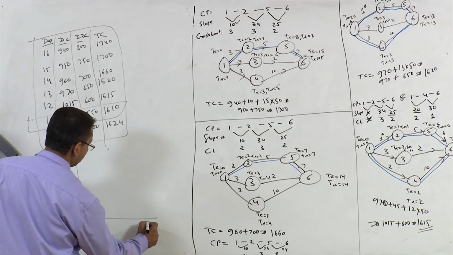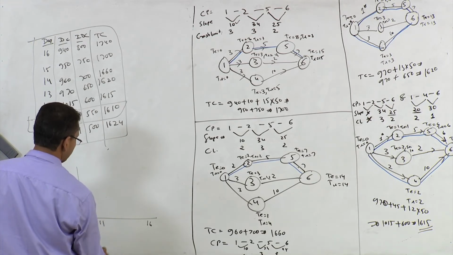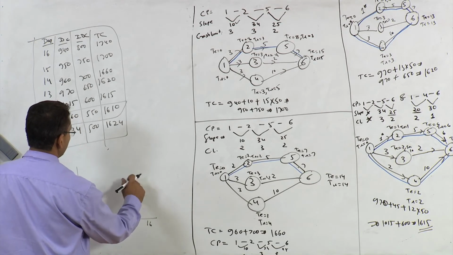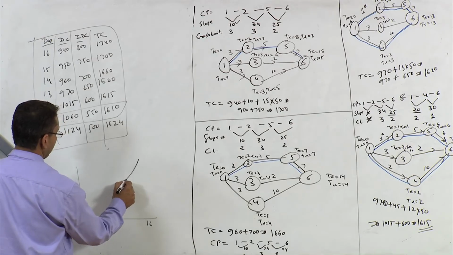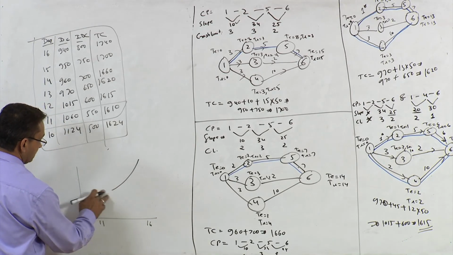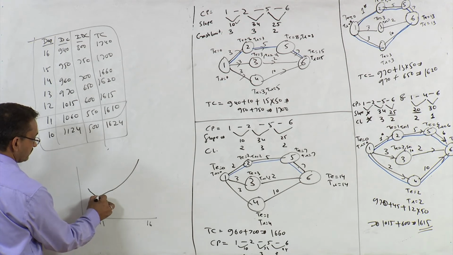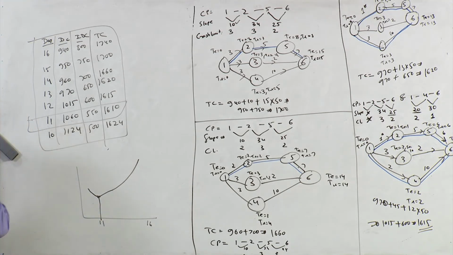So this is the total duration, initially 16 days, now it is 11 days, right. So the total cost has now gone down like this, right. But if you further reduce it, it will go up, right. So this is your 11th day where the total cost is minimum.